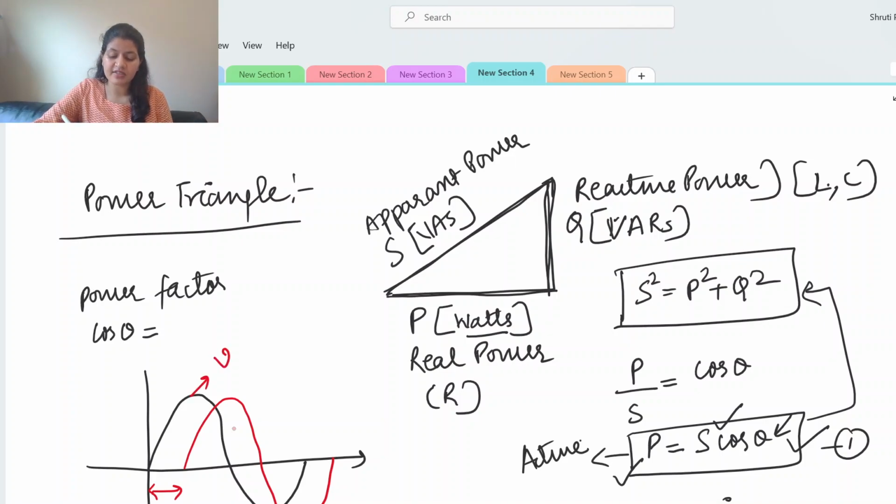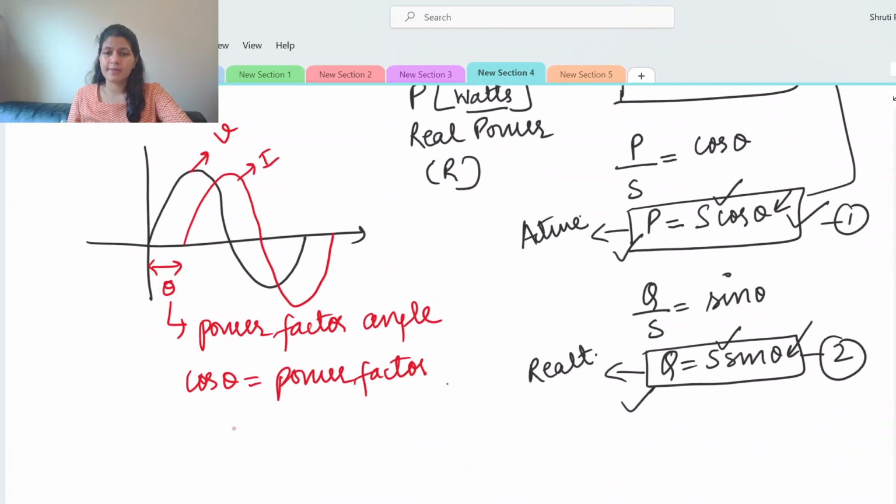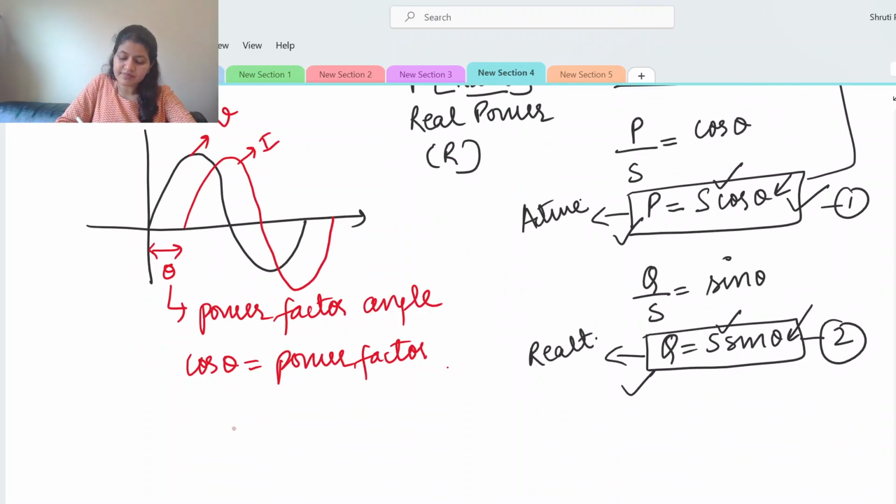So I'll write it here. This is V, this is I. These are other important things which are required before solving the active, reactive and apparent power questions.